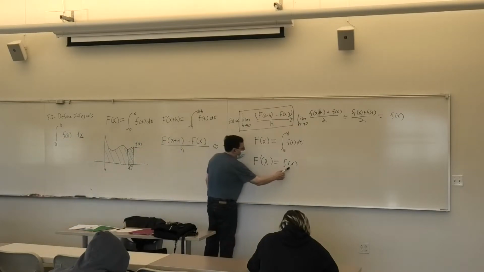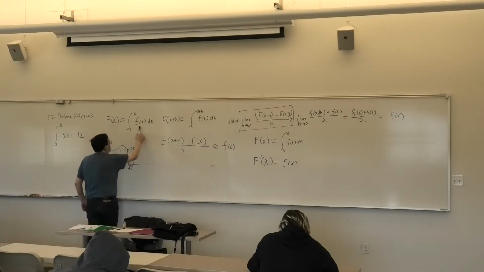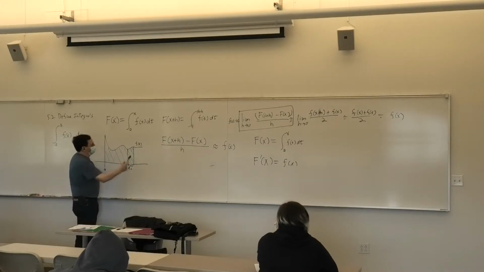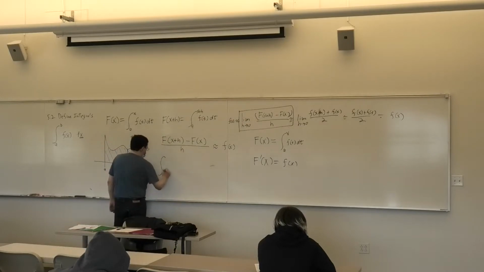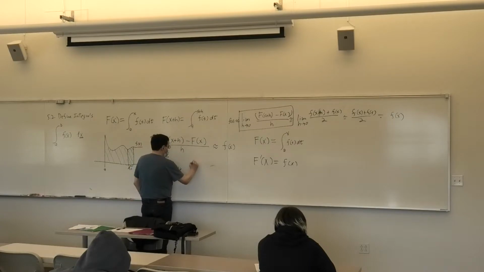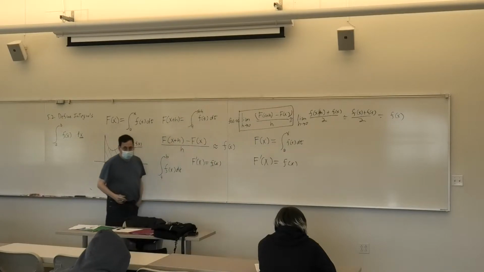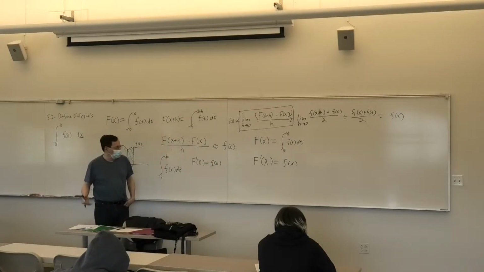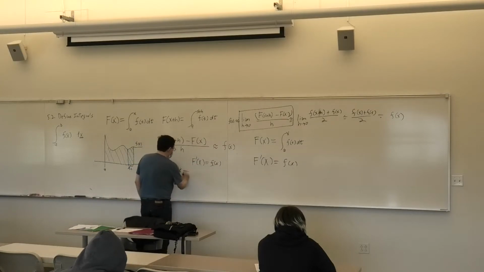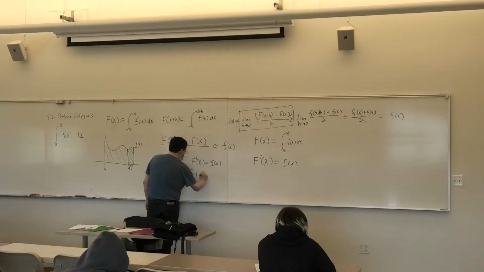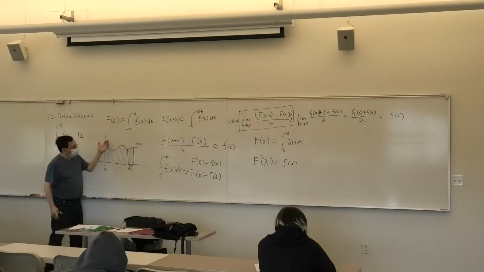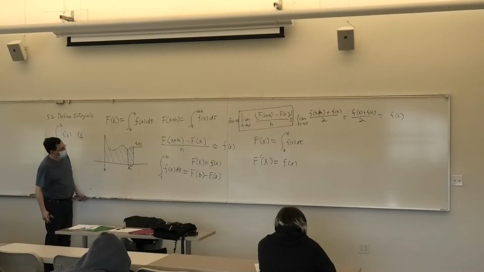If you have some function f of x and you want to find an integral, I guess I should write this way. If we can find a function whose derivative is f of x, that is an antiderivative of f of x, then we can evaluate this in this manner, which is just what we were doing with the constant function and f of x equals x function.